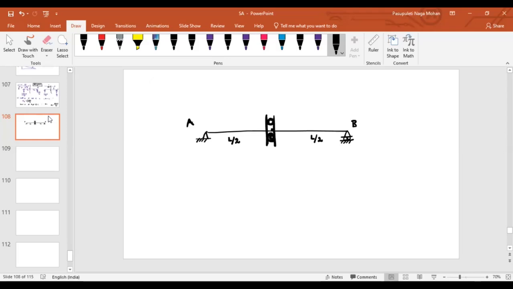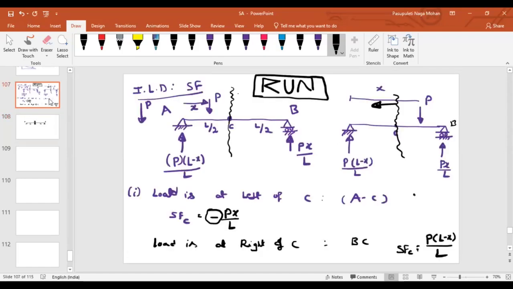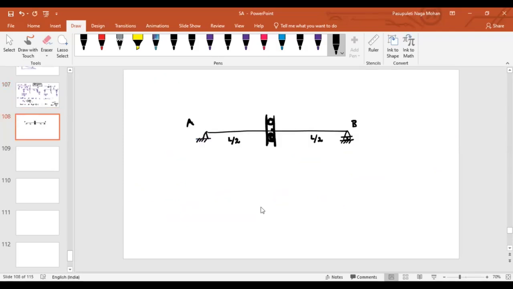If I place a shear connection, then to the right side we will have the positive shear, and to the left side the negative shear. Move the right side part in the upward direction and the left side part in the downward direction.